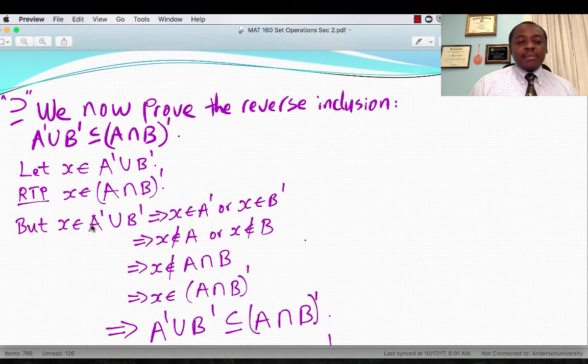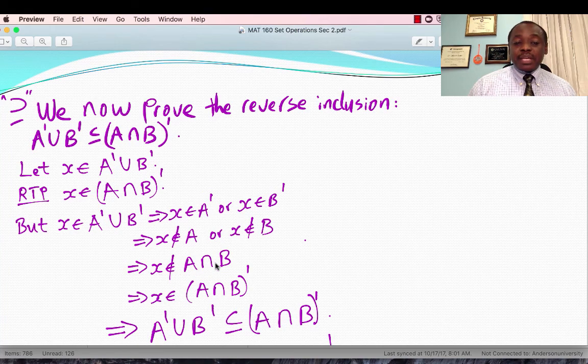But X an element of A prime union B prime, what does that mean? It means X is an element of A prime or X is an element of B prime. Again, I'm using my definition of union. Mathematicians swear by definition. But what does that mean? By definition, again, if X is in A prime, that means X is not in A, or if X is in B prime, that means X is not in B. So if X is not in A or X is not in B, what is the obvious conclusion?